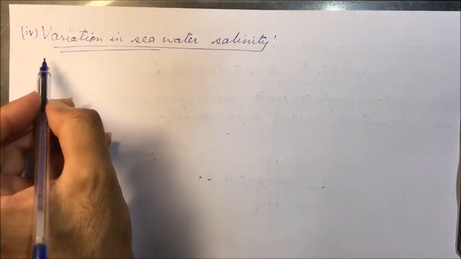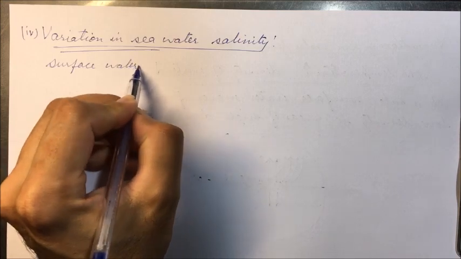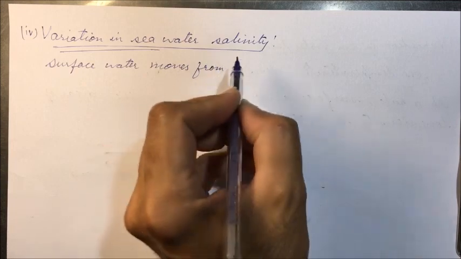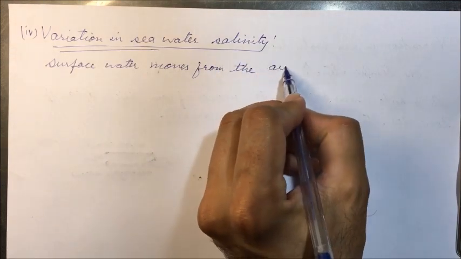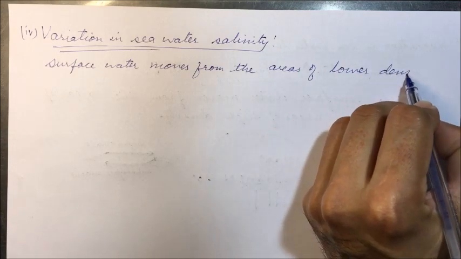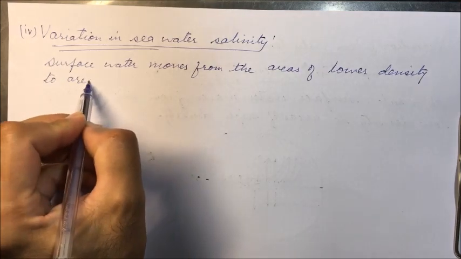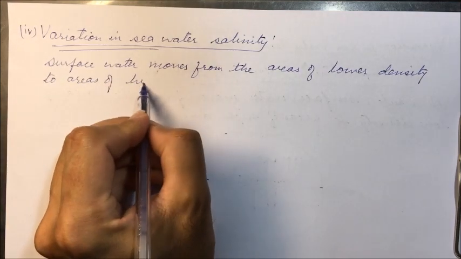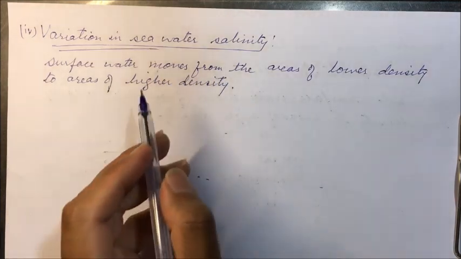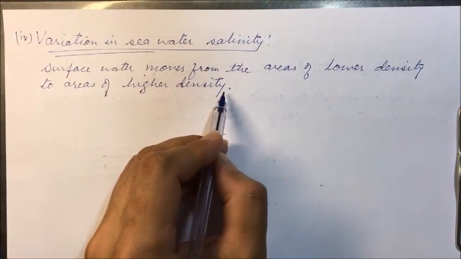As a rule, we have already discussed that surface water moves from the areas of lower density to areas of higher density. Therefore, the surface water moves from the areas of low density to areas of high density.